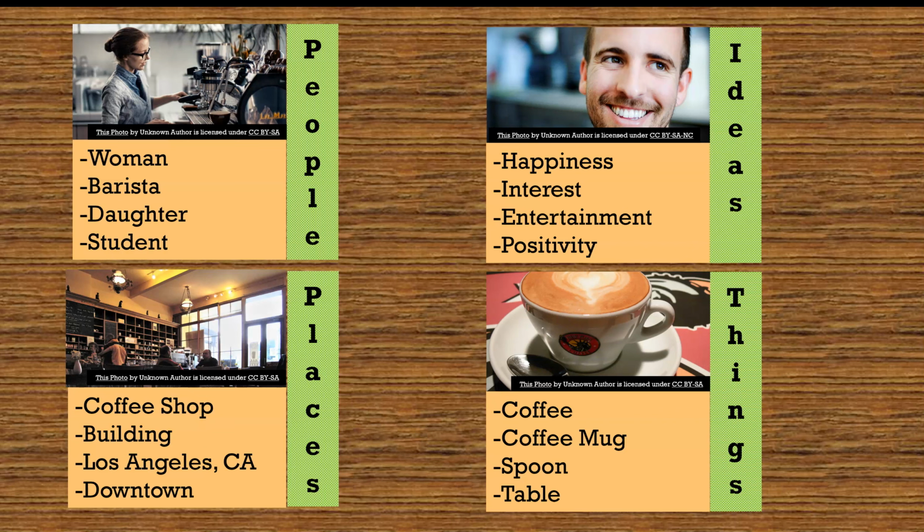But also animals like a cow or a dog, a cat, and plants, flowers, trees, those do have life. But we also call them things because they're not people. So again, nouns are people, places, ideas, and things.